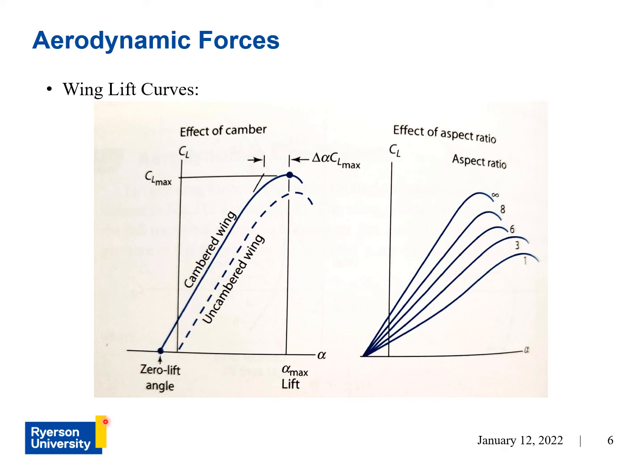So here you can see more clearly that adding a camber on a wing or an airfoil will shift the curve upward from the original uncambered plot. And again, uncambered means symmetrical, and symmetrical airfoils have curves that have their origin at zero lift at zero angle of attack.